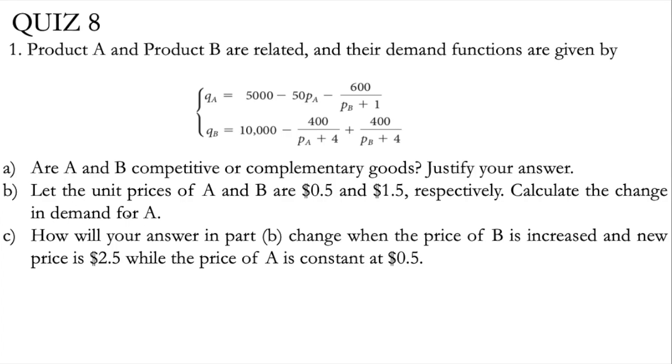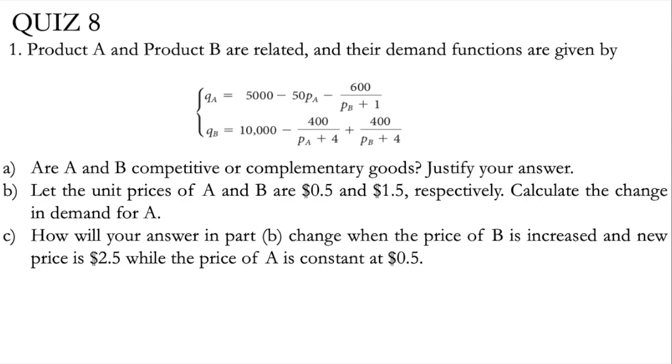Are A and B competitive or complementary goods? Justify your answer. Let the unit prices of A and B be 0.5 and 1.5 respectively. Calculate the change in demand for A. How will your answer in part B change when the price of B is increased and the new price is 2.5, while the price of A is constant?